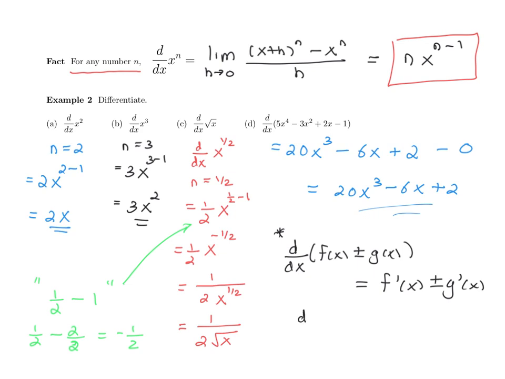Along with this one, if you take the derivative of a constant times a function, well, that's the same thing as taking that constant and multiplying it by the derivative of the function. So this rule we used when we just went through term by term and took the derivative of each part. And this rule we used by bringing the 4 down front, we multiplied the 4 to the 5 together, so the constant gets multiplied by the derivative of the function.